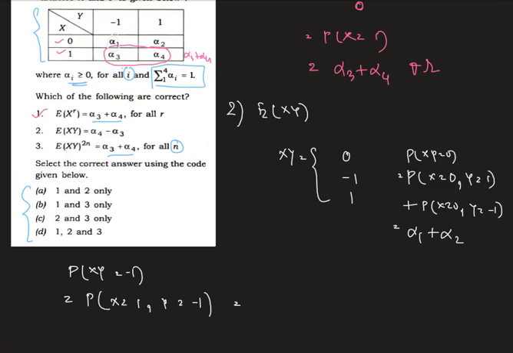So x equals 1 and y equals minus 1 is nothing but alpha 3. Now we have to find the probability that xy equals 1. The product results in 1 only when x equals 1 and y equals 1. This is the only case. Therefore probability x equals 1 and y equals 1 is alpha 4.